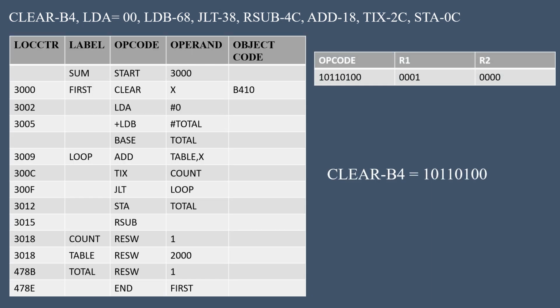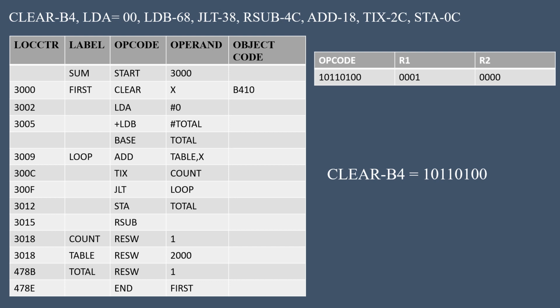So now let's start generating the object code for the first instruction. The mnemonic code for CLEAR X is B4, and this is the 8-bit binary digit for B4. CLEAR X is type 2 because there is an involvement of registers.